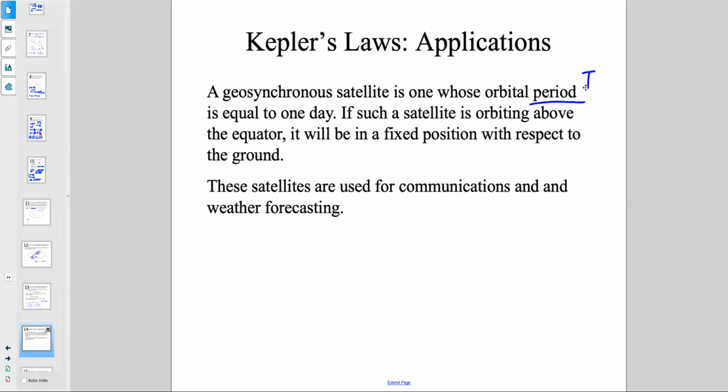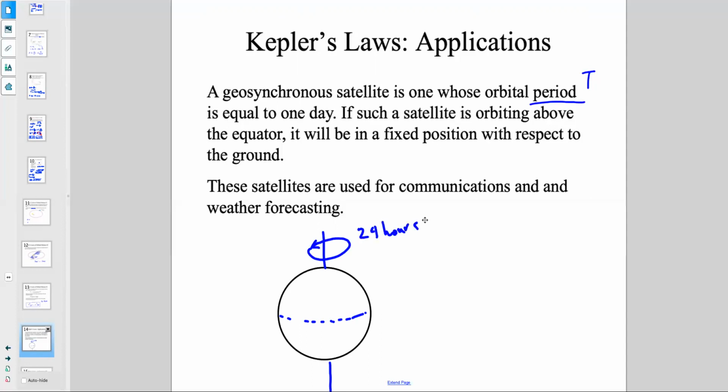Because if you consider, for example, that this is Earth, and then let's say that this is the equator of Earth, and Earth is doing one complete rotation in 24 hours. So the period is 24 hours.